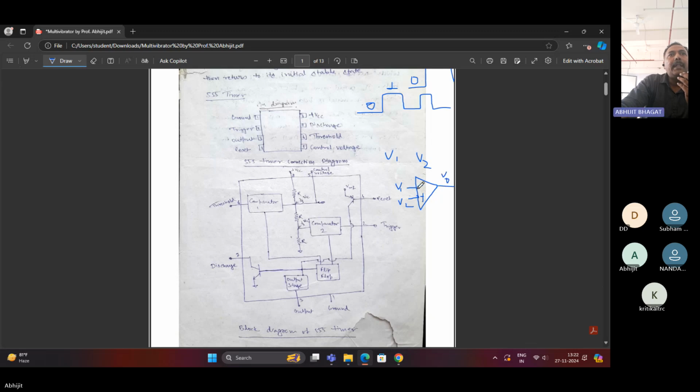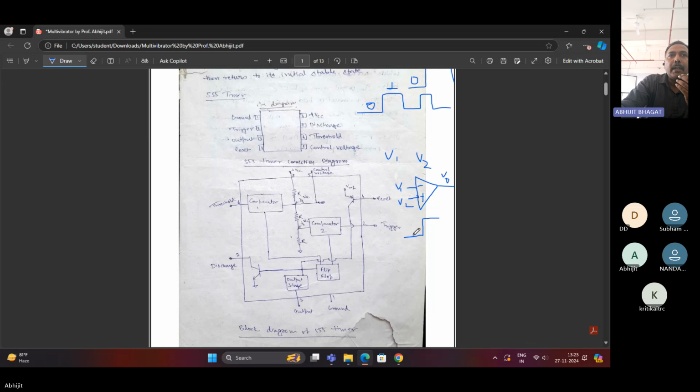If the negative terminal voltage is high, then your output is 0 or minus saturation voltage. And if the positive terminal voltage is high, then your output is logical high, or 1, or plus V saturation. If the negative voltage is high, your output is 0. If the positive voltage is high, your output is 1.